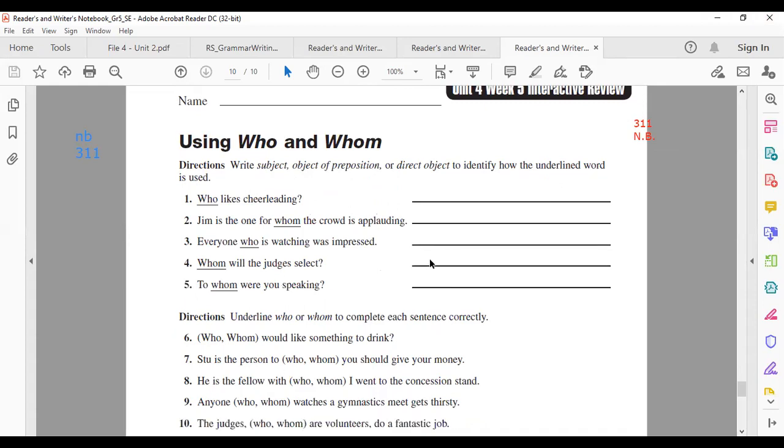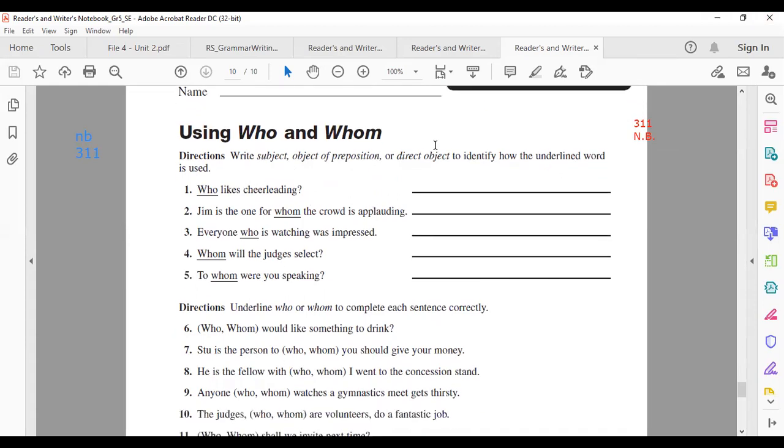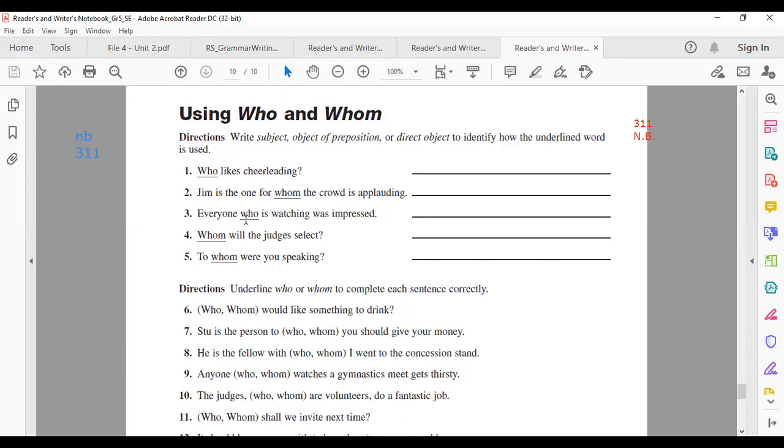So when I say "Who likes cheerleading," it is subject. Why did you choose subject? Because subject goes with who, and there's the object and the verb, but there's no subject. Amazing answer. You get a star for this super answer, Tala.